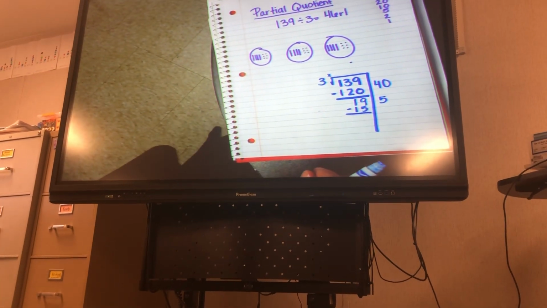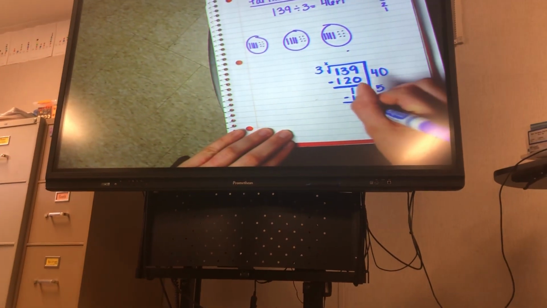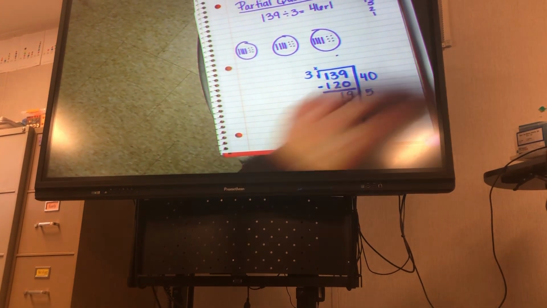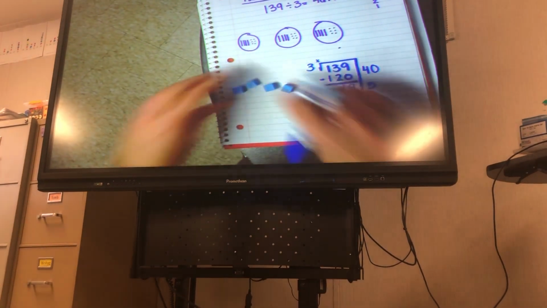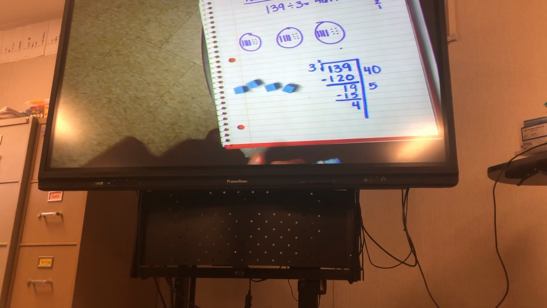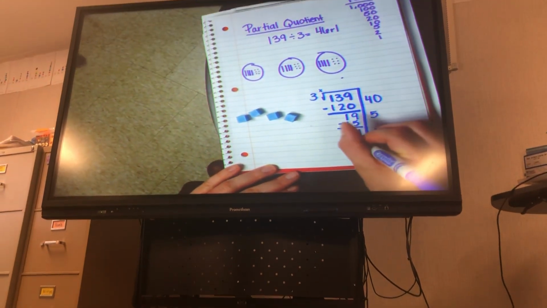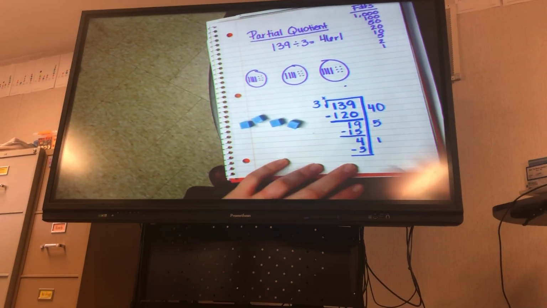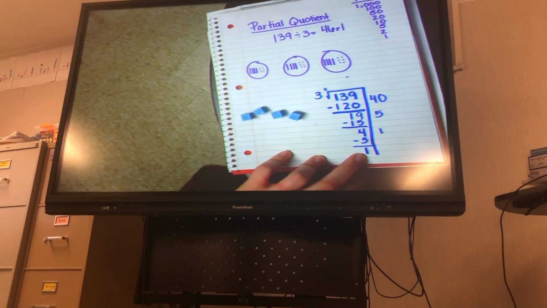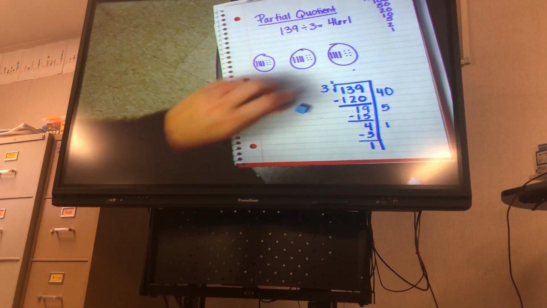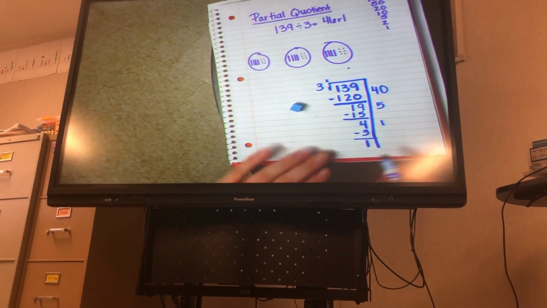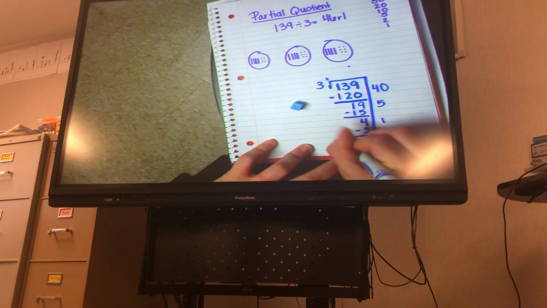How many are left? 4. Do I have enough? When we had 4 little pieces left, yes, we do. We had enough to do it again. 3 times 1 equals 3. And how many's left over? 1. Now, did I have enough to go again? No. 1 becomes my remainder.